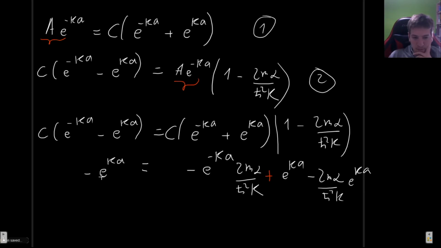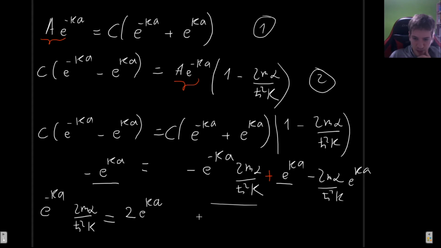Okay, so now see, we have one of these to the left, one of these to the right. So it will actually be quite intuitive to just put them together and take this to the left hand side. So when we do that, we get e to the minus ka times a factor of 2mα/(ħ²k), and this is going to be equal to 2 times e to the ka, and then we have minus 2mα/(ħ²k) e to the ka.